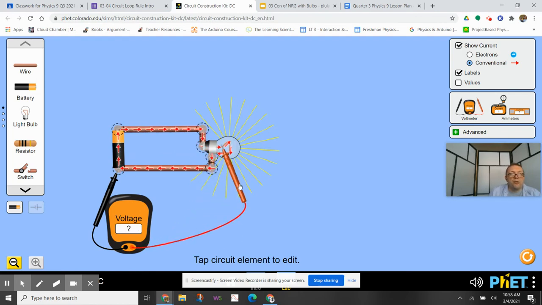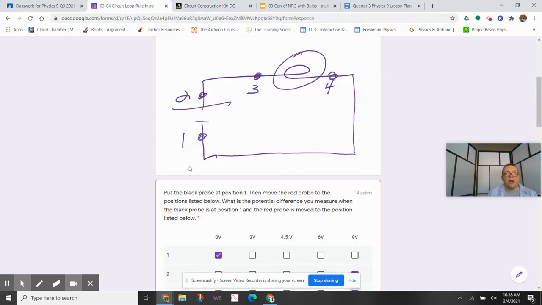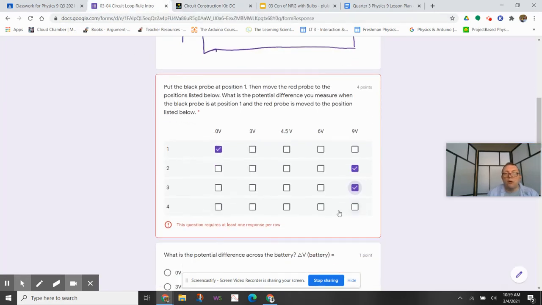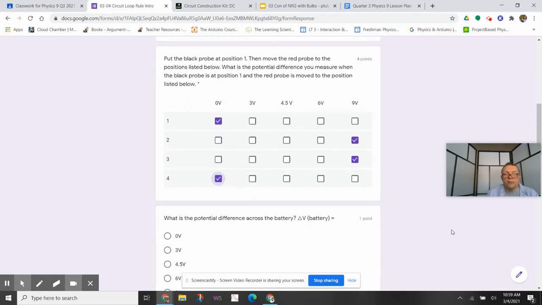They go through the bulb, and the bulb takes that energy that those charges have and produces light. So instead of having electrical potential or electrical energy, they now give off light, which is a different type of energy, and then back to the battery, zero. Kind of, sort of, we're hoping. So then when we're back here for position 4, we're back to 0 volts.